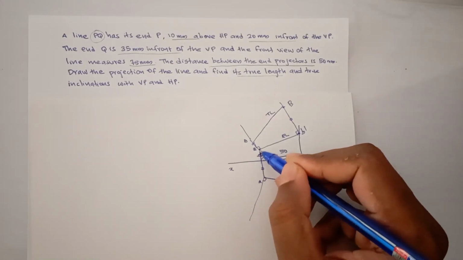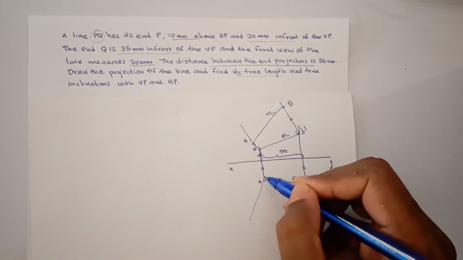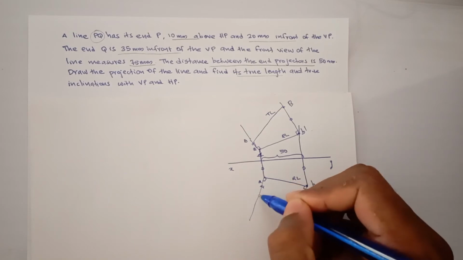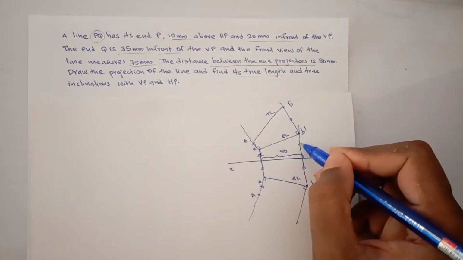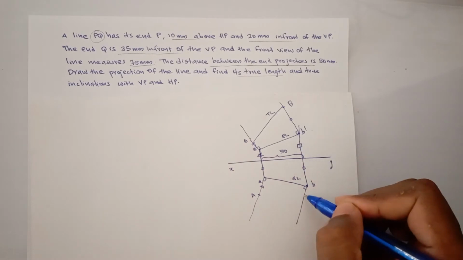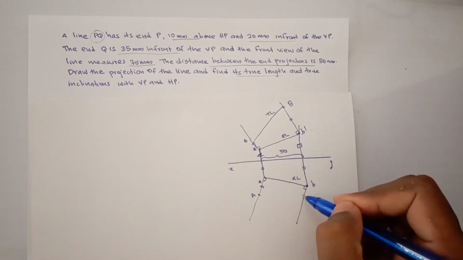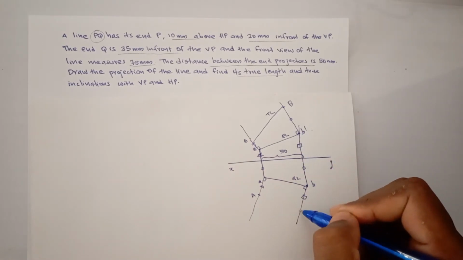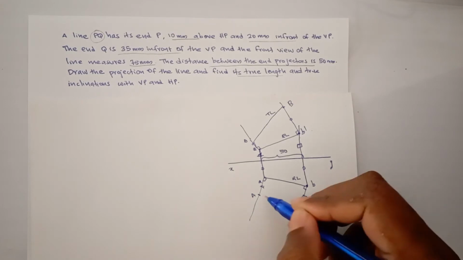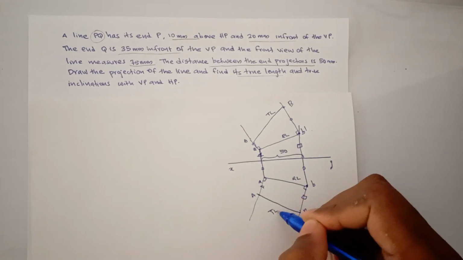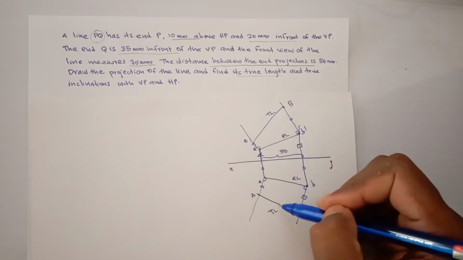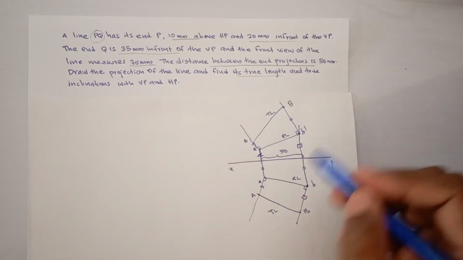Measure this distance and mark the point A here. Here also measure the length and copy the length from here to here. This is our B. This will be the true length. This true length must be equal to this true length. And what about theta and phi?